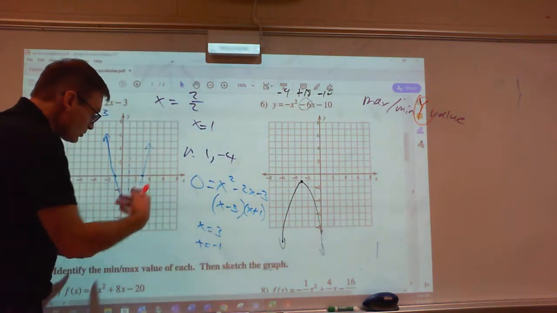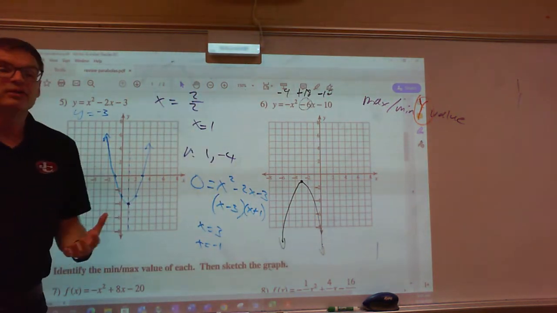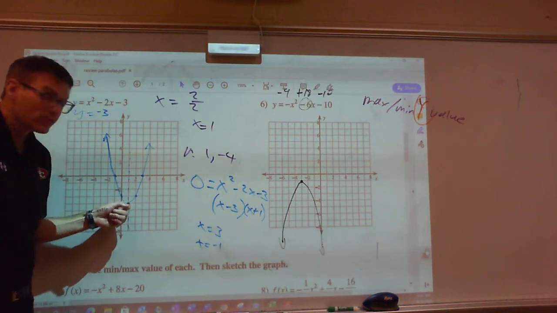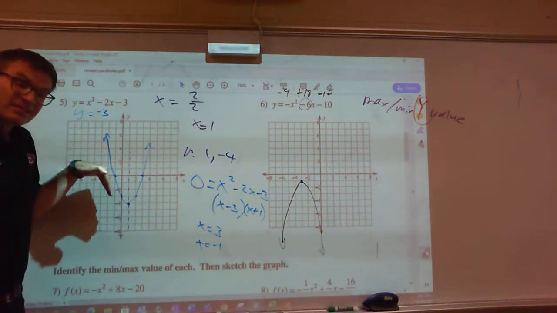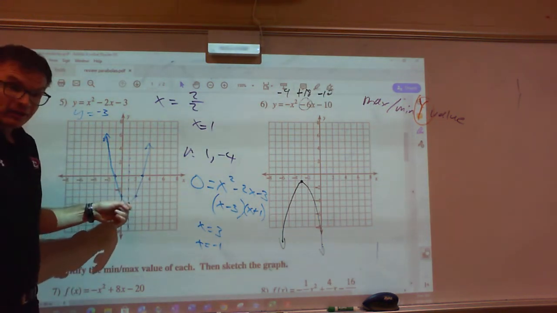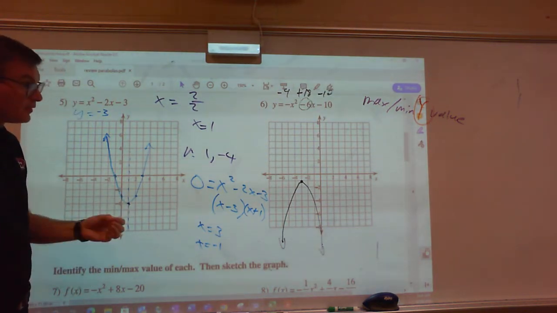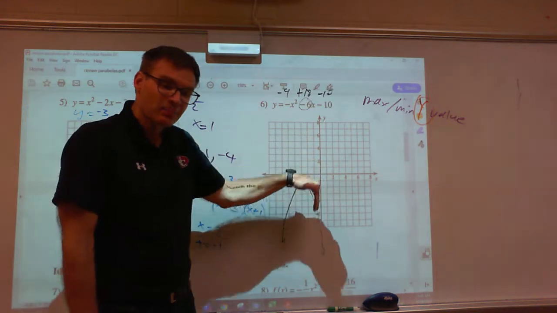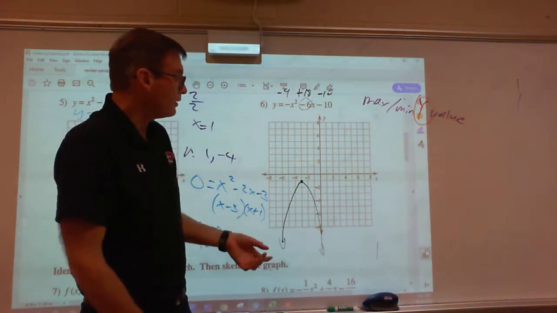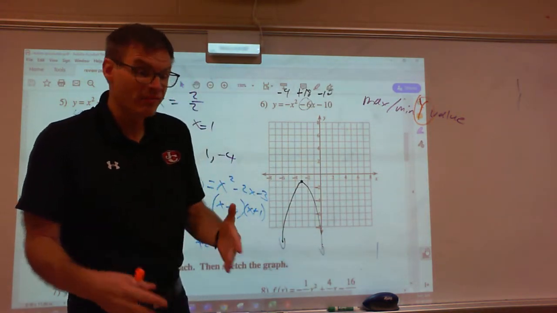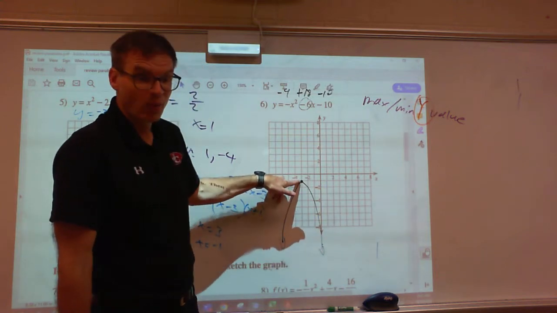So when I look at these two problems, if I were to ask you what is the max or minimum y value, I'd look at this and say, well, because it's a valley, it has a minimum value, and the minimum y value is negative 4. If I were to look at this problem, because it's got a peak, it's going to have a maximum value, and I'd say, well, what's the maximum y value? Well, the maximum y value is negative 1.